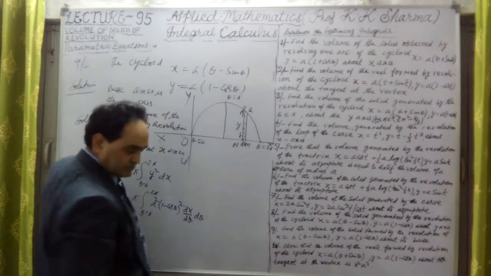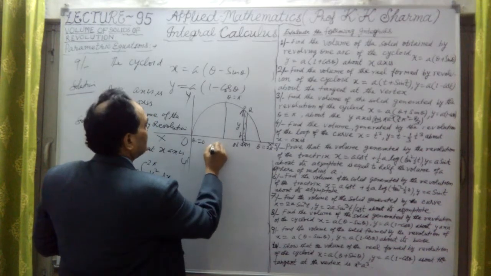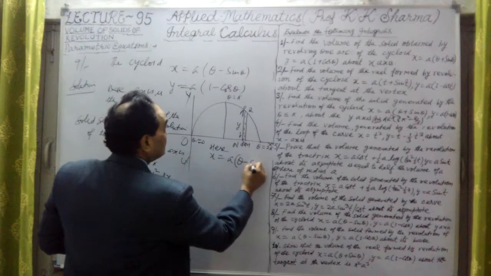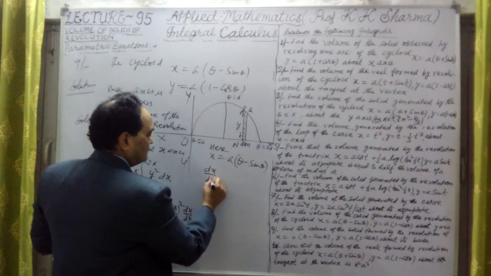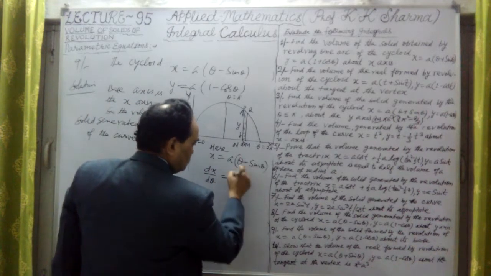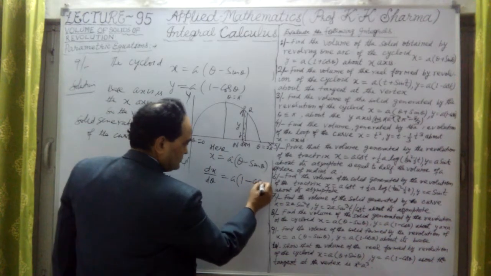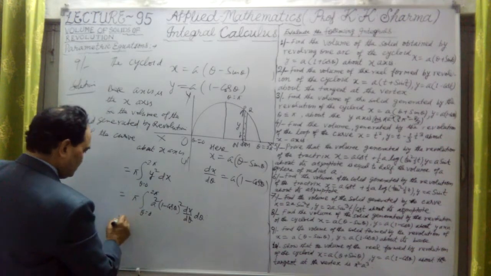Here x equals a into theta minus sin theta. Therefore dx by d theta, differentiating with respect to theta, we get a into 1 minus cos theta. So we have to substitute dx by d theta here.